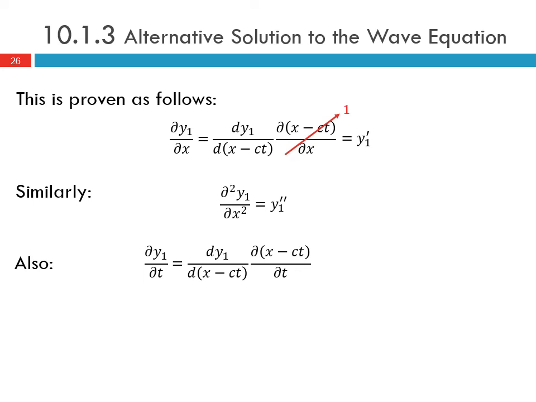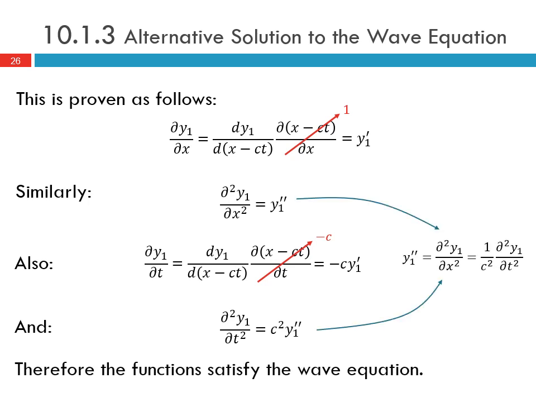Now we can take the partial derivative with respect to t. So ∂y1/∂t is equal to dy1/d(x minus ct) times ∂(x minus ct)/∂t. And now this partial derivative is equal to minus c. So here we get minus c y1 prime. And similarly, if we take the second derivative, ∂²y1/∂t² is equal to c² y1 double prime.